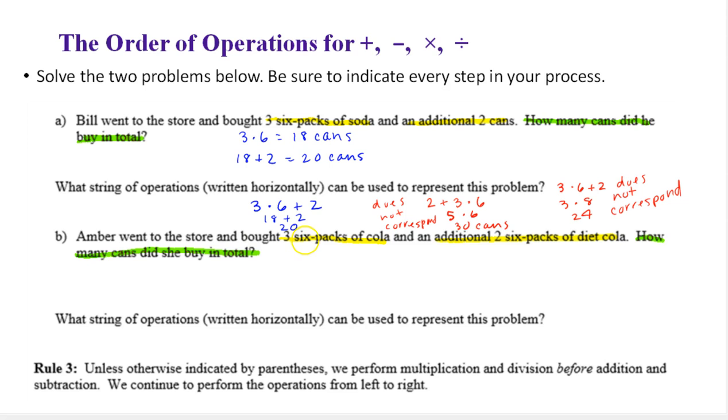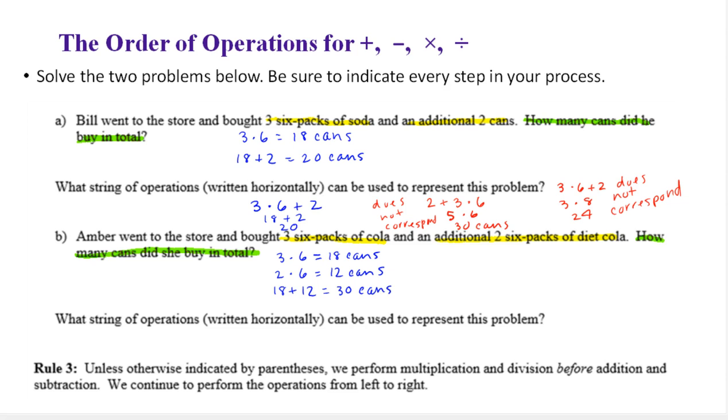But we could say, well, she bought the 3 6-packs of cola, which is 18 cans of regular cola. She bought 2 6-packs of Diet Cola, which is 12 cans of Diet Cola. And then we can add these results together and get the total number of cans, which is 30 cans.